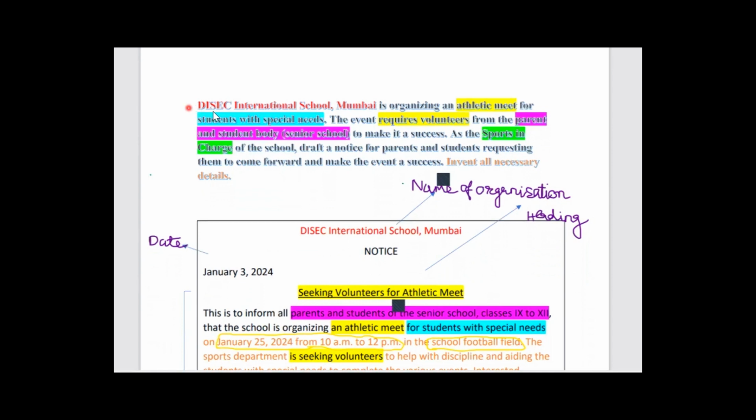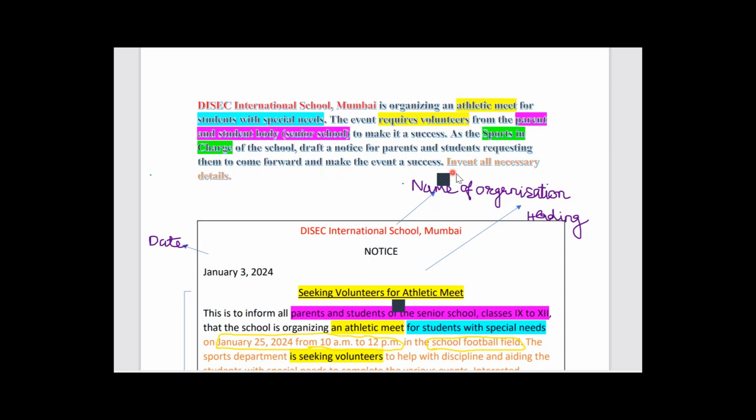You have Dissect International School, Mumbai, which has organized an athletic meet for students with special needs. The event requires volunteers from the parent and student body, senior school, and you are writing as the sports in charge of the school, requesting parents and students to come forward and make the event a success.